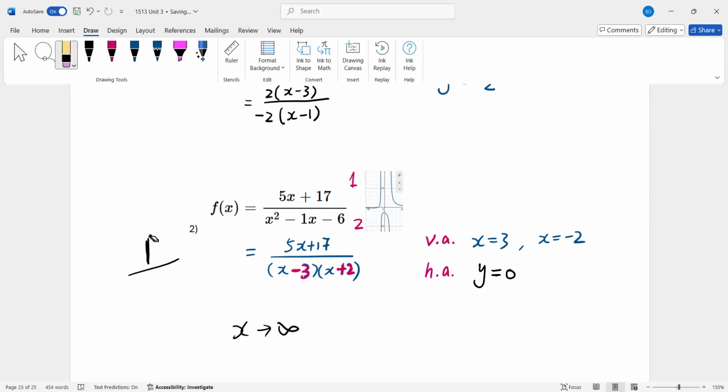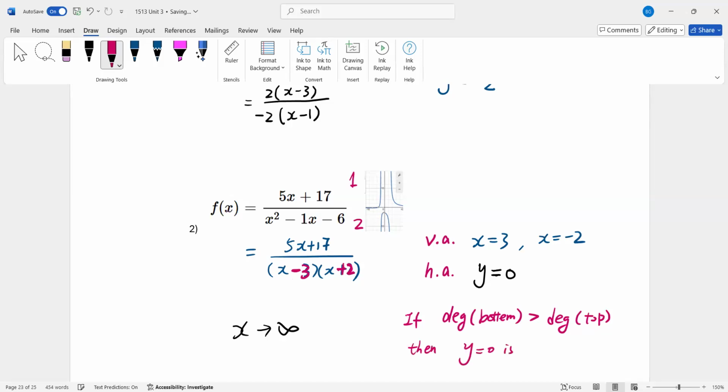You can actually summarize: if the degree of the bottom is bigger than the degree of the top, then y equals 0 is the horizontal asymptote, always.